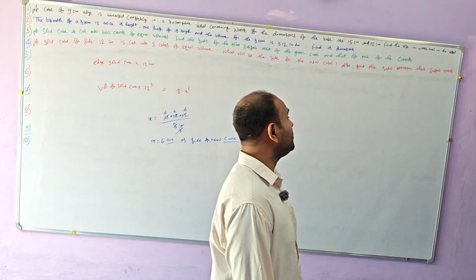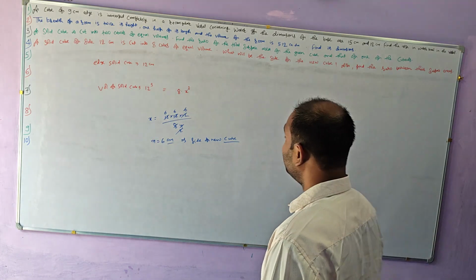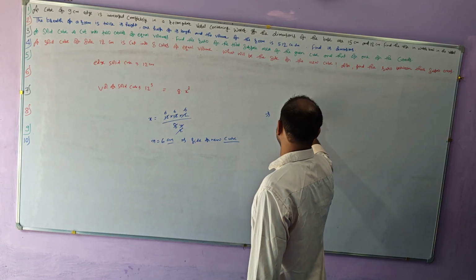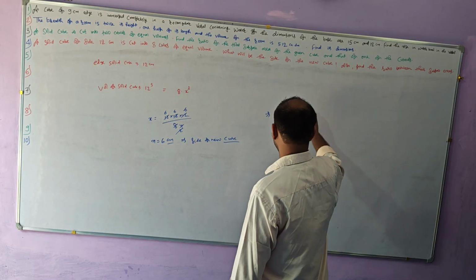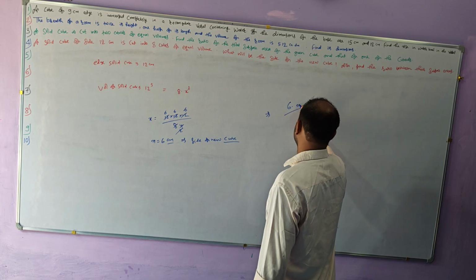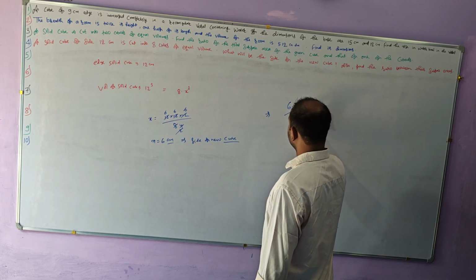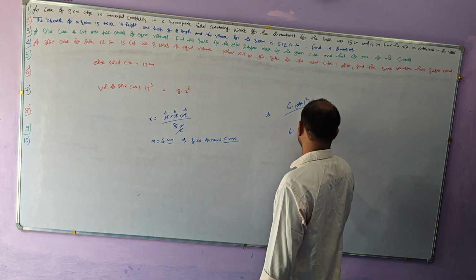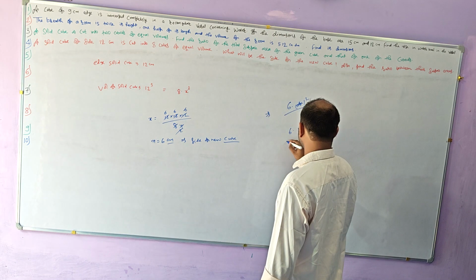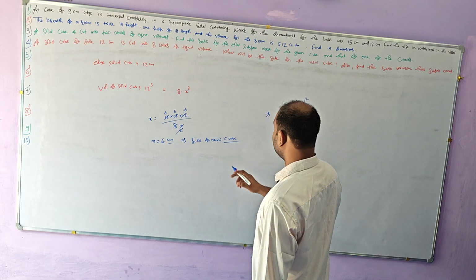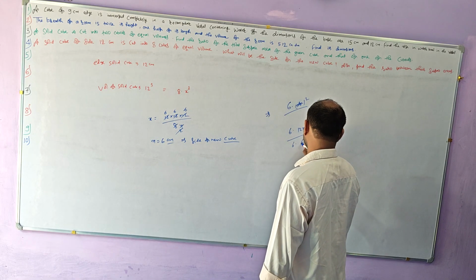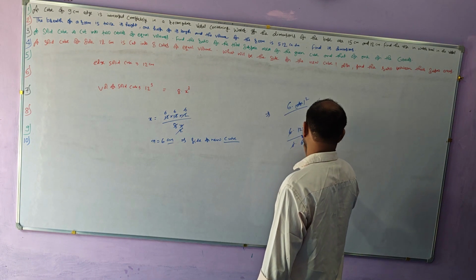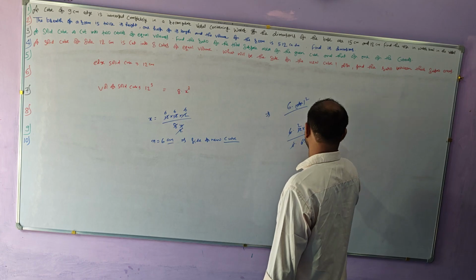Also find the ratio between their surface area, and we know surface area is 6 into a square. So surface area of solid cube becomes 6 into 12 square, 12 into 12, and surface area of the new cube becomes 6 into 6 into 6. 6 cancel, 2, 2.